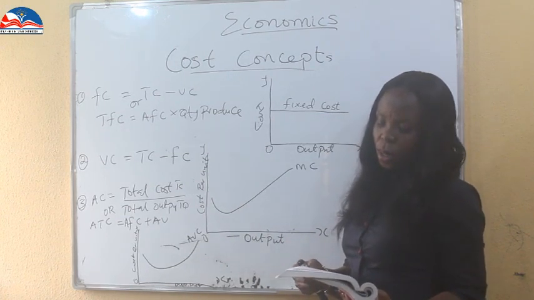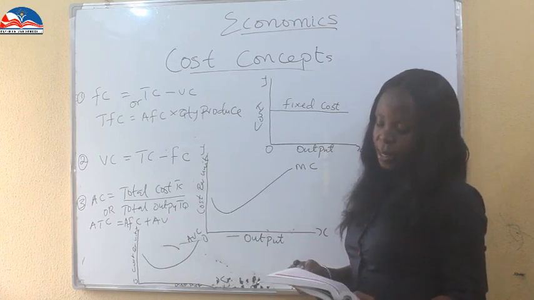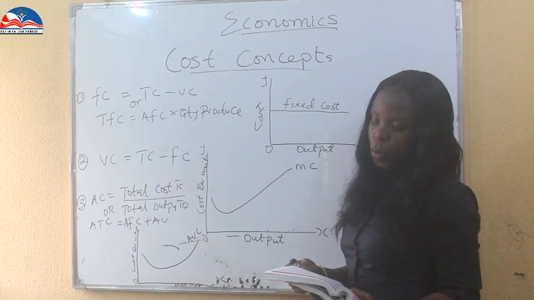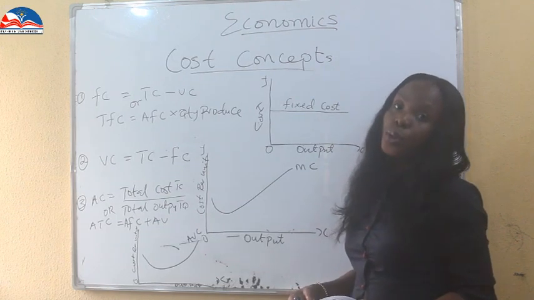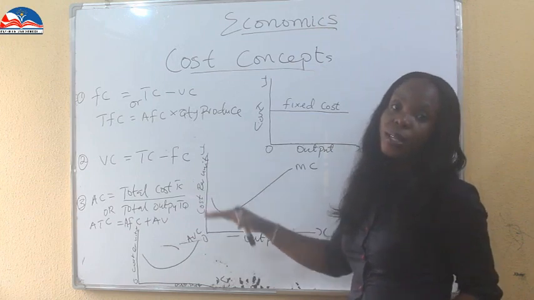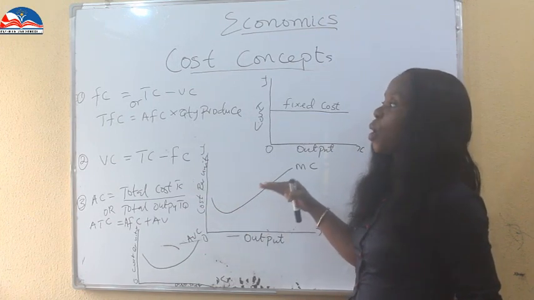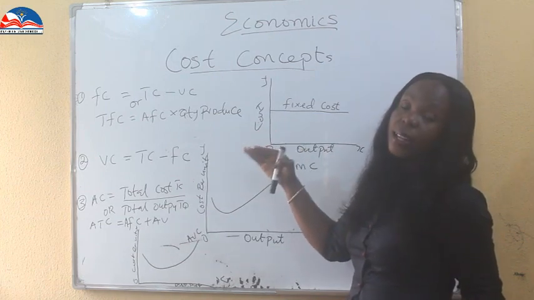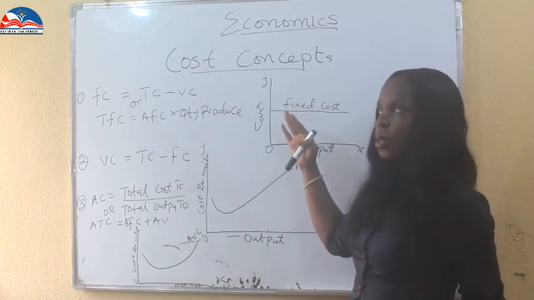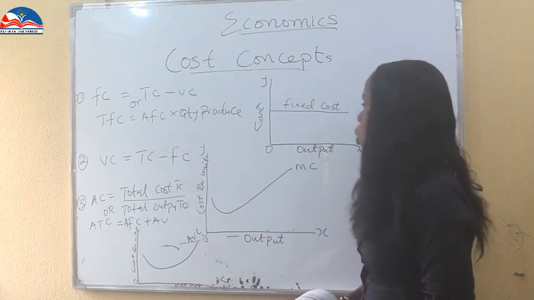Variable cost reduces as less of the commodity is produced. If the commodity you are producing is less, variable cost reduces. If the commodity you are producing is high and demand is high, variable cost increases. So we have seen variable cost.